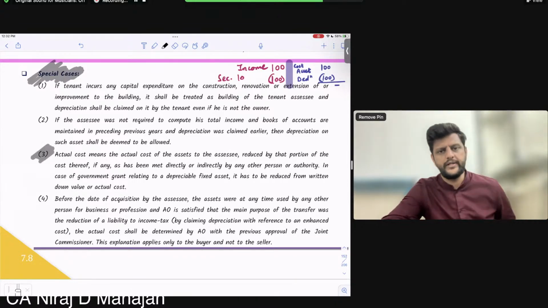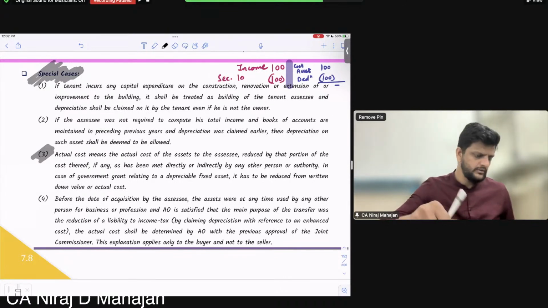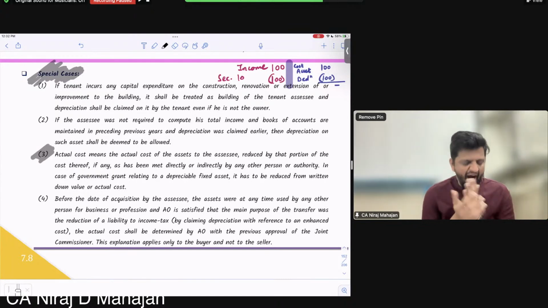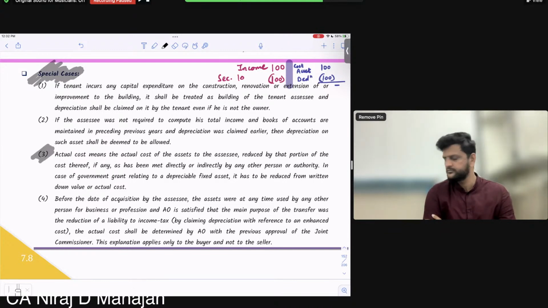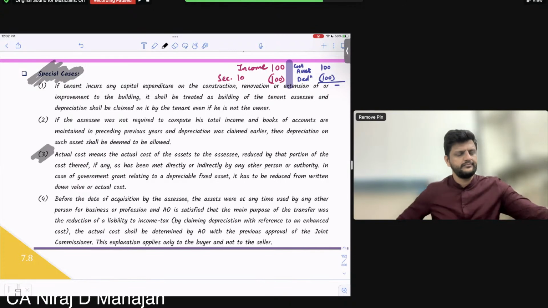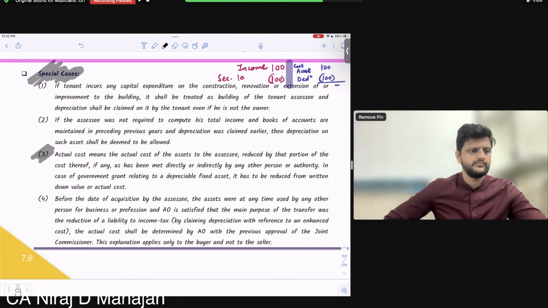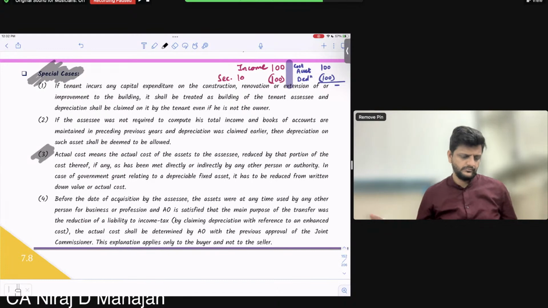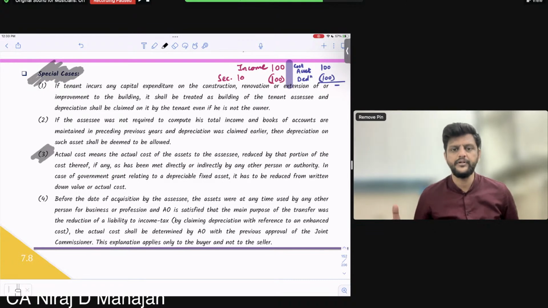Read this point number 3. Chalo quickly. Done? Point number 3.